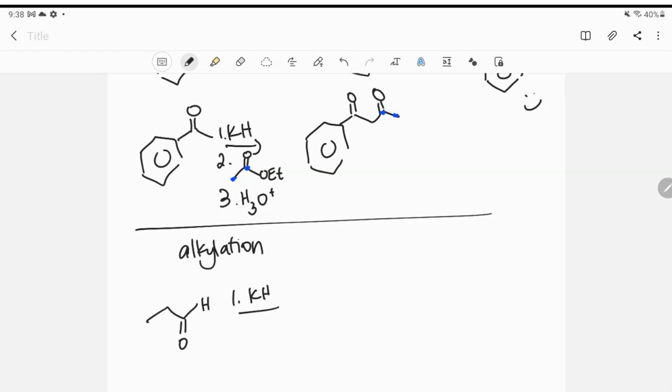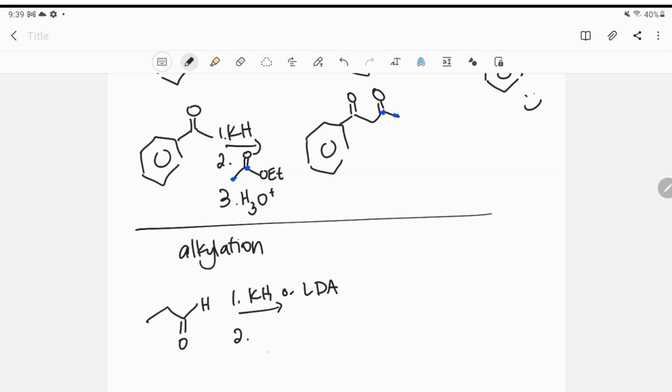If we take our alpha proton containing substance, aldehyde, ketone, ester, di of all those, any sort of mix, whatever you have that has the alpha protons, if you treat it with one of your bases, you can give it an alkyl group.